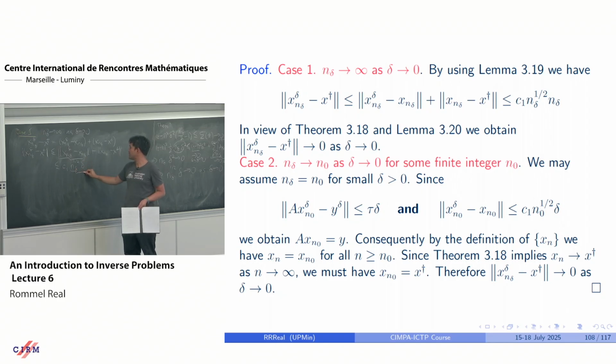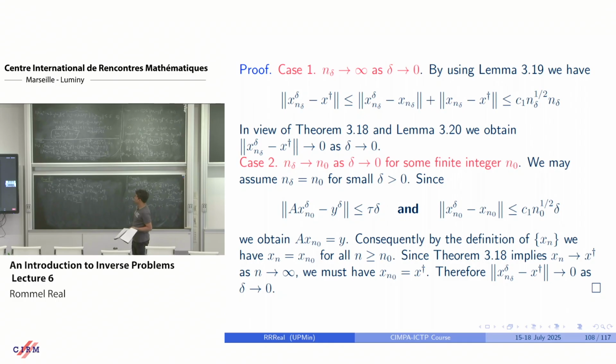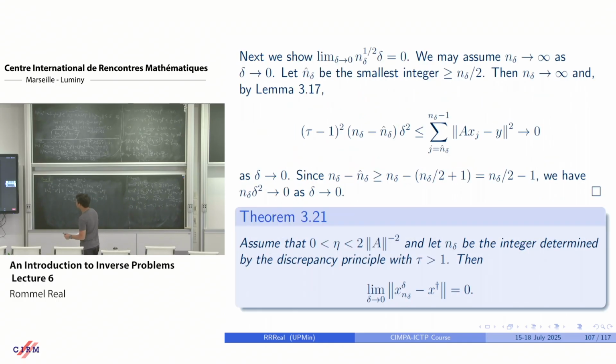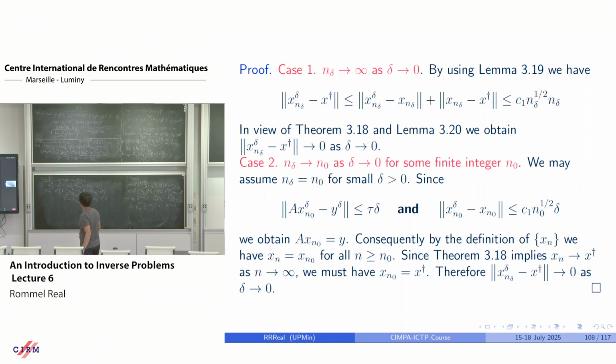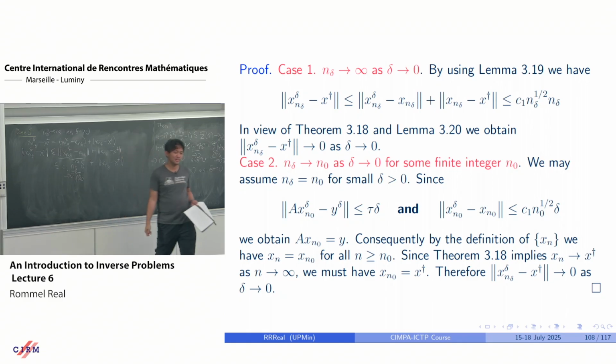And look, this term here is familiar, right? And then plus the same here. Okay, and then from the lemma we just finished proving, we know that as delta goes to 0, this one goes to 0.